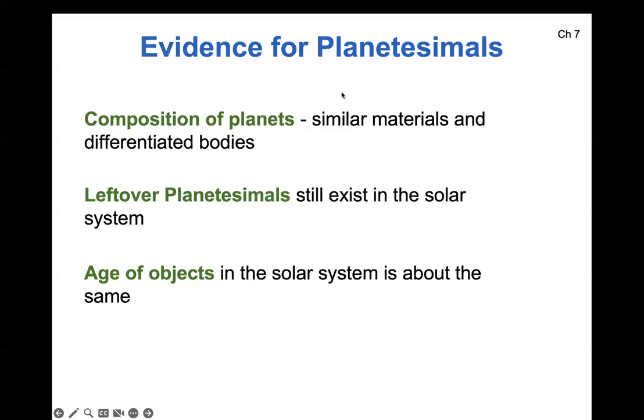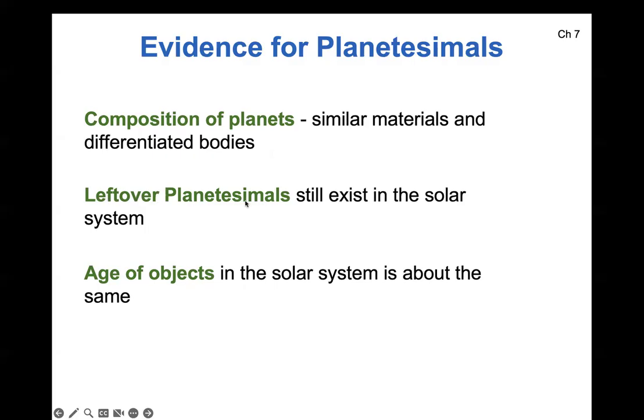And further evidence for planetesimals, which I touched on a minute ago, are the current composition of the planets, which shows similar materials throughout the solar system, and differentiation of those bodies, and those would be the bodies of the planets. We'll talk just a bit about what differentiated is.